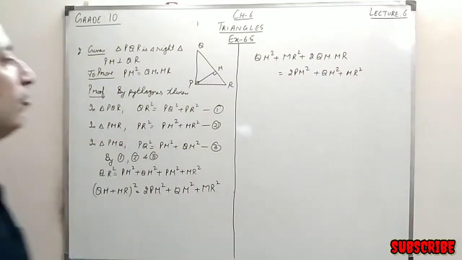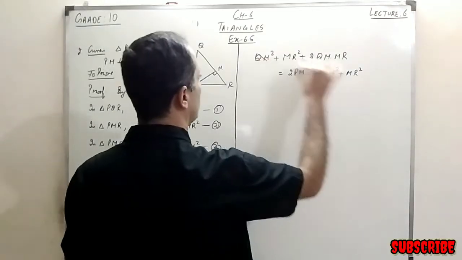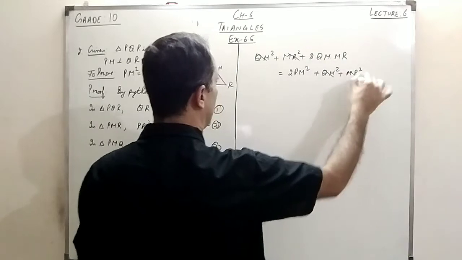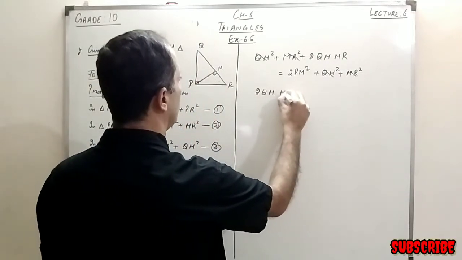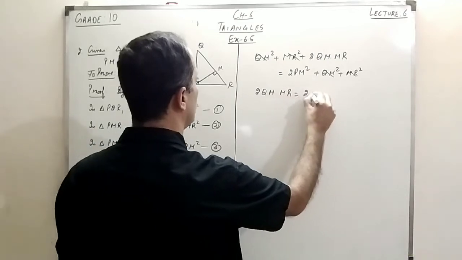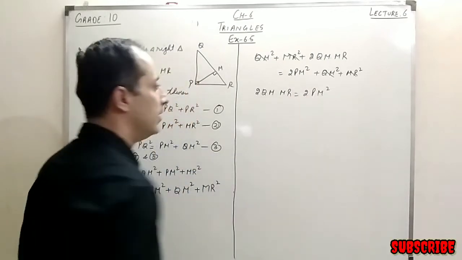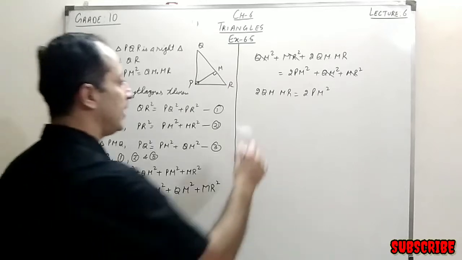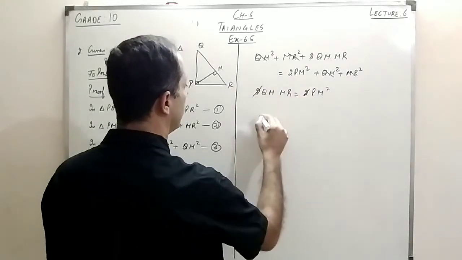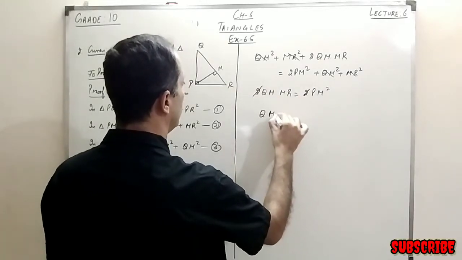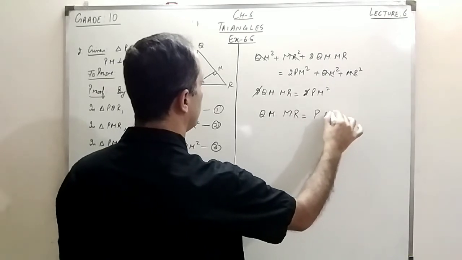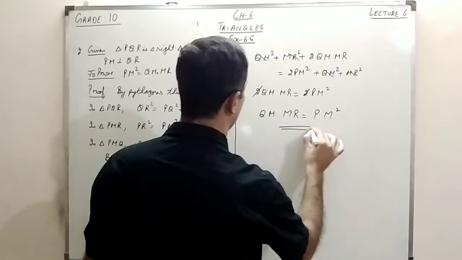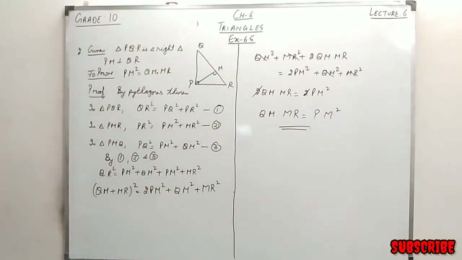I can cancel QM square and MR square on both sides. And what I am left with is 2QM into MR is equal to 2PM square. If I cancel 2 on both sides, I get my desired result. So QM into MR is equal to PM square. So this was the solution of the second question of this exercise.